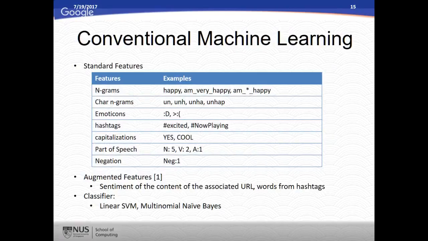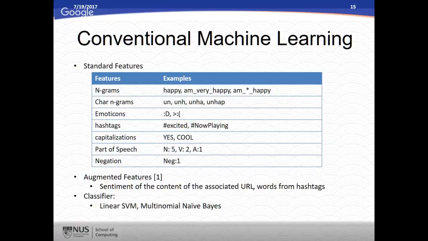We have also used tricks like augmenting the tweet with features mentioned in the tweet itself. For example, there are many tweets these days which say, have a look at this, http some URL. So you never know what the tweet is talking about. But if you actually follow what the URL is about, then you might have an idea whether it is talking about something positive or negative.